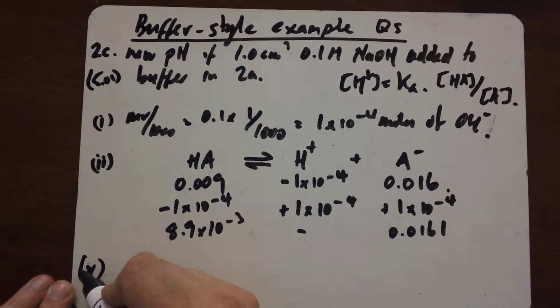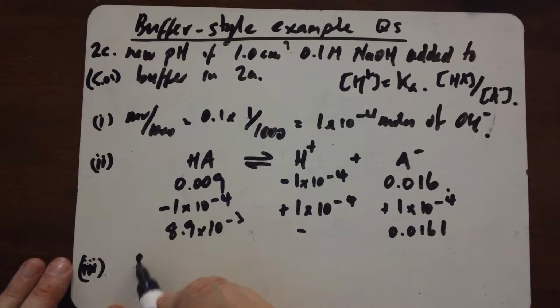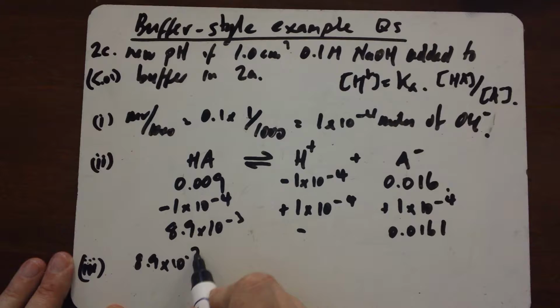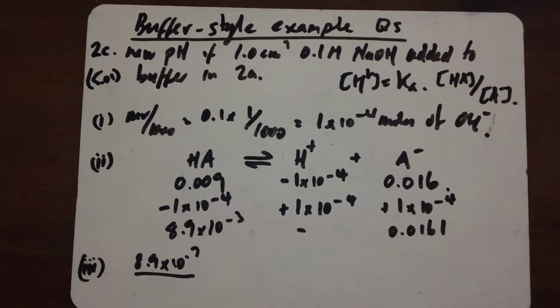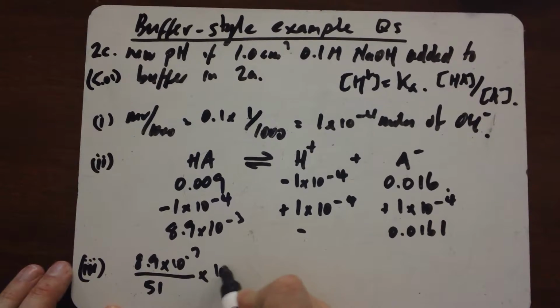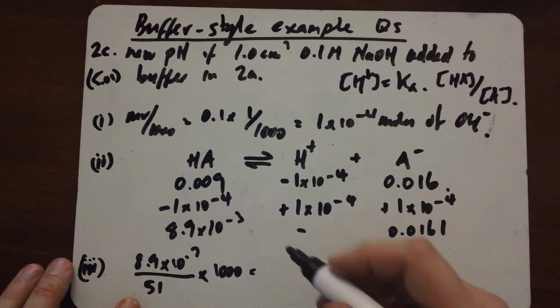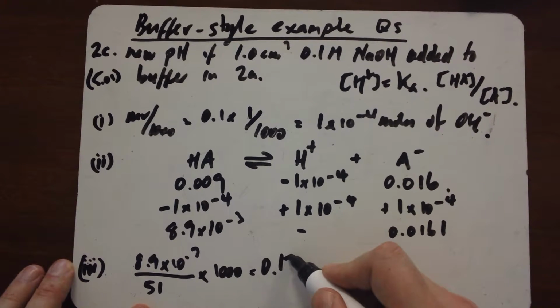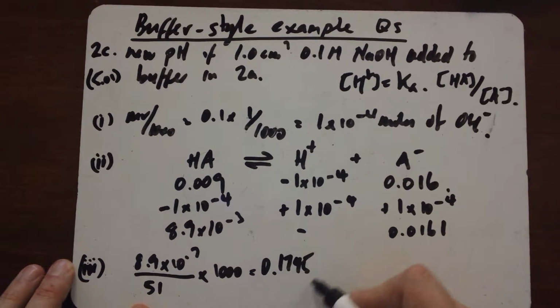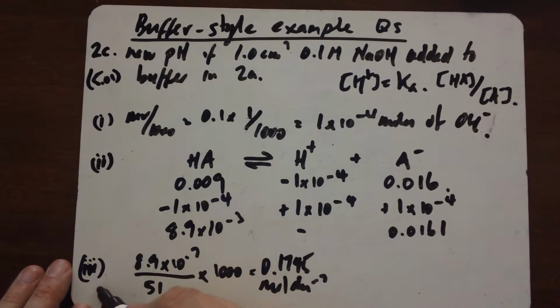Next thing to do is to convert these into concentration. So 8.9 times 10 to the minus 3 divided by the new volume, which is 51, and then times 1000 to get into moles per decimeter cubed, and we see that that is equal to 0.1745 moles per dm cubed, so that's our HA.